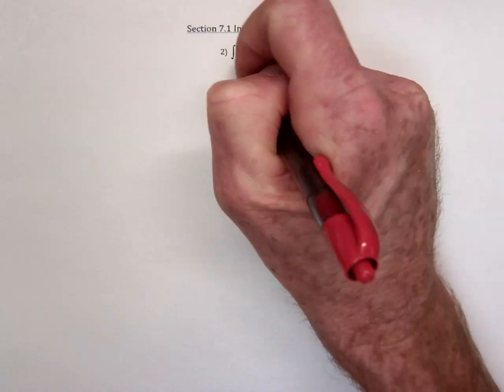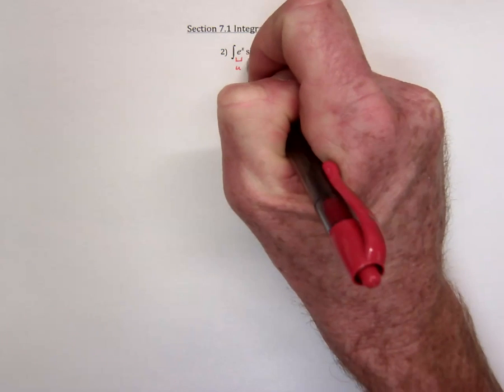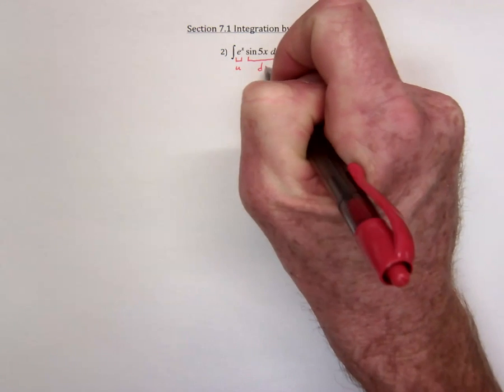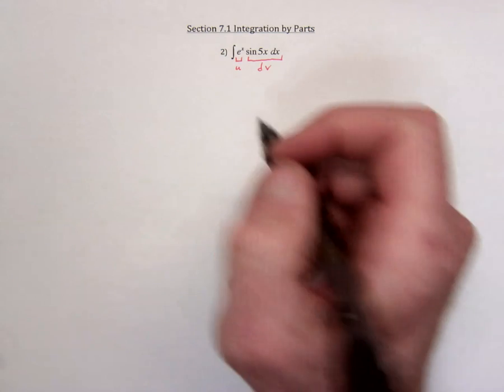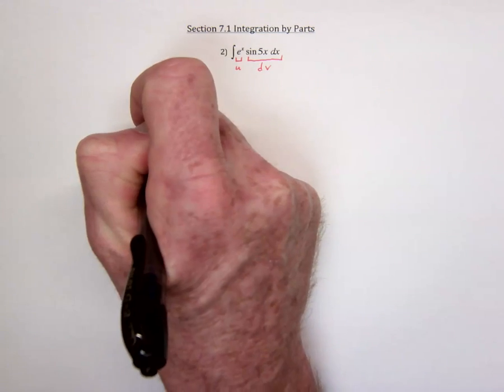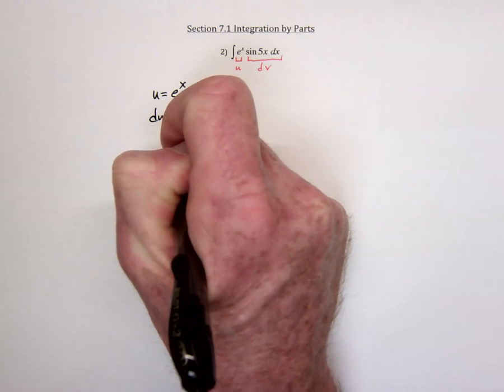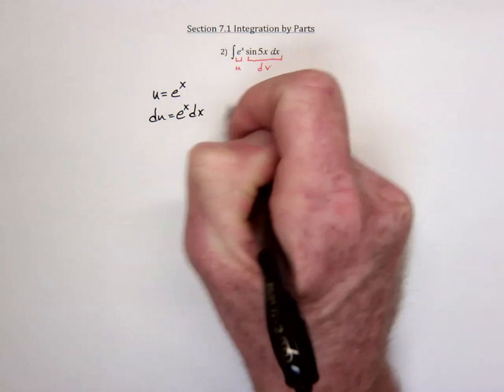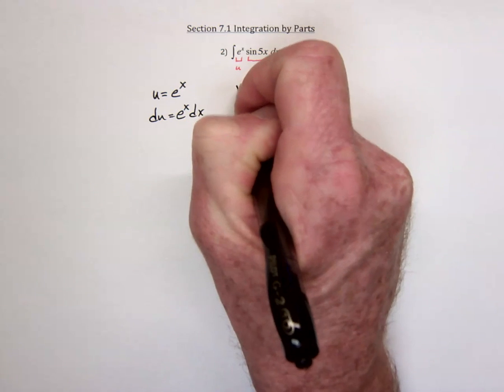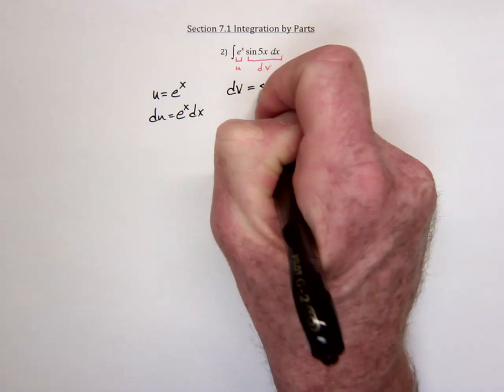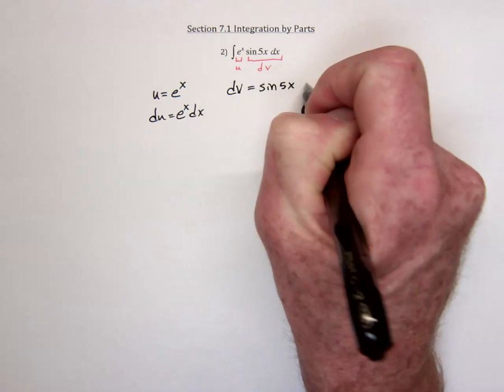So that's just a quick sketch of where we're going with this. I'm going to use this as the u and this as dv. So let u equal e to the x, the derivative of which is e to the x. Let dv be the sine of 5x dx.